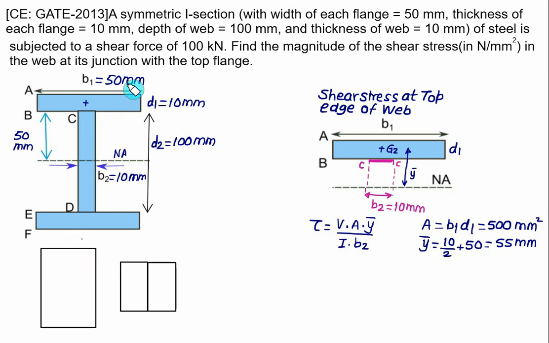The outer rectangle has a width equal to 50, so that will be our B1, and the total depth D is equal to 10 plus 100 plus 10, that is equal to 120. For this rectangle here and this rectangle here, the total width will be equal to 50 minus 10, that is equal to 40. So this much moment of inertia is to be subtracted from the largest rectangle, and the height of this one is the same, equal to 100 mm.